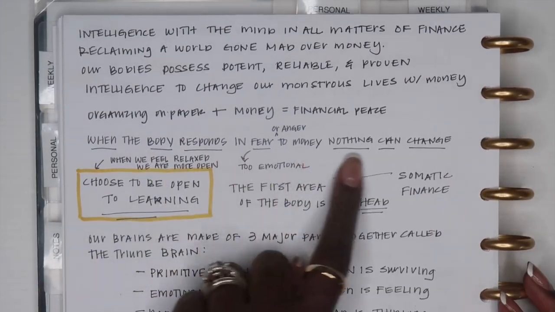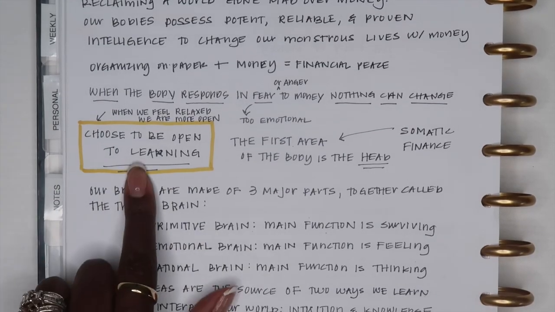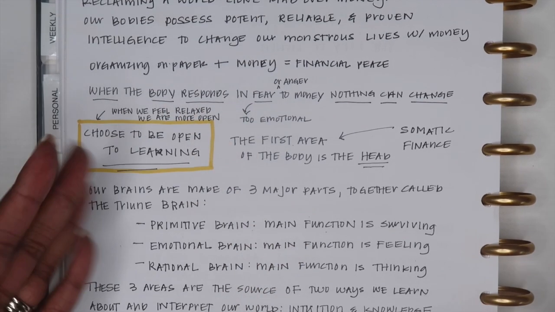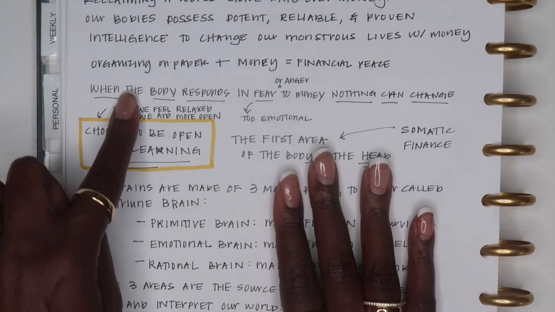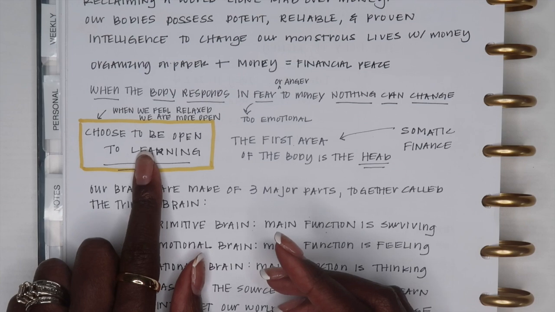So here I underlined certain parts of it. I drew a box around something that I wanted to remember because I thought that this was super interesting. And basically what the book was saying in this part is that when your body is in fear, you have a hard time learning new things.